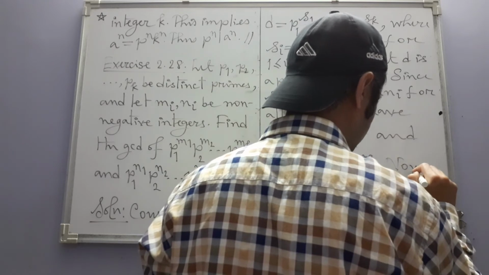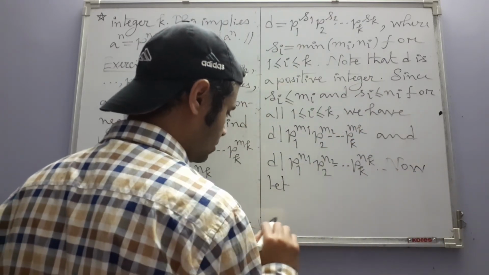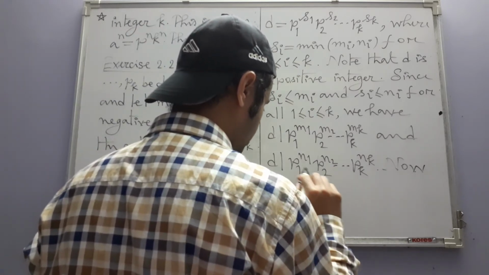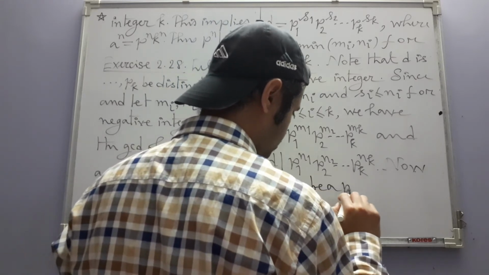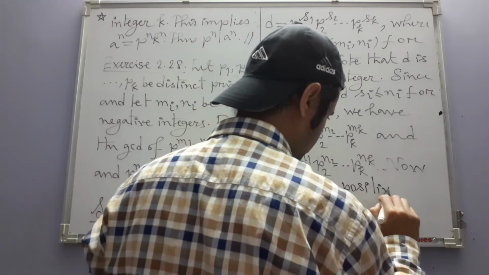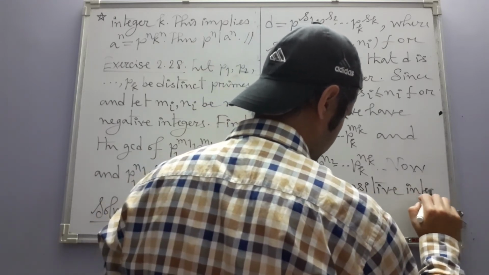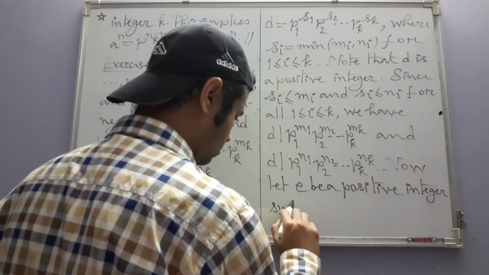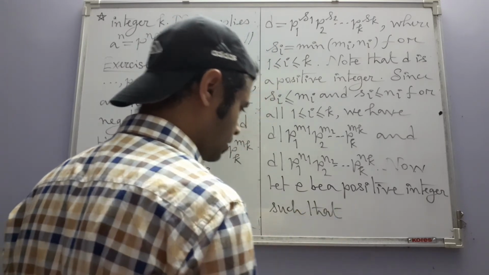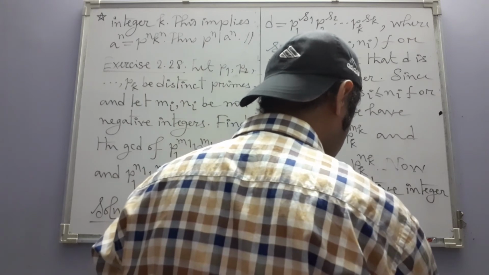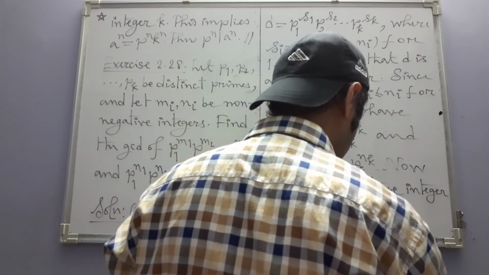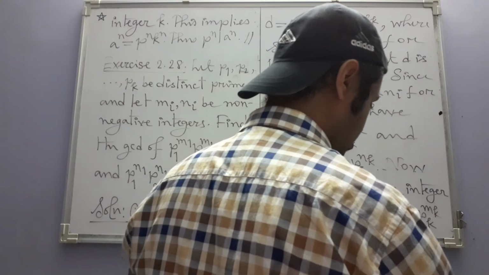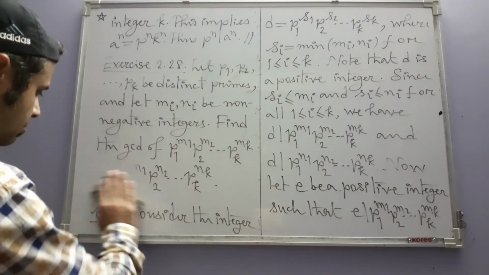Now let e be a positive integer such that e divides the first number and also e divides the second number.